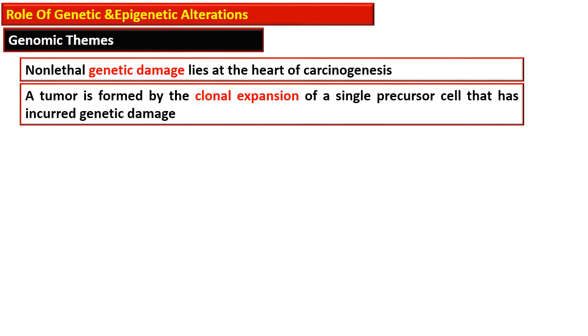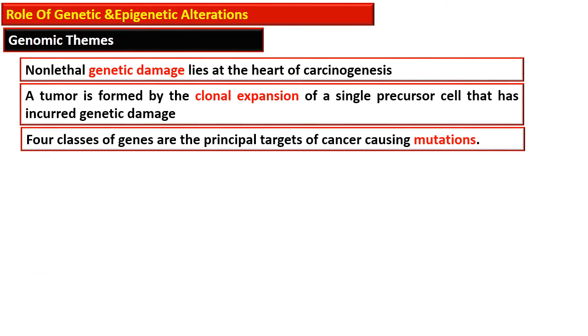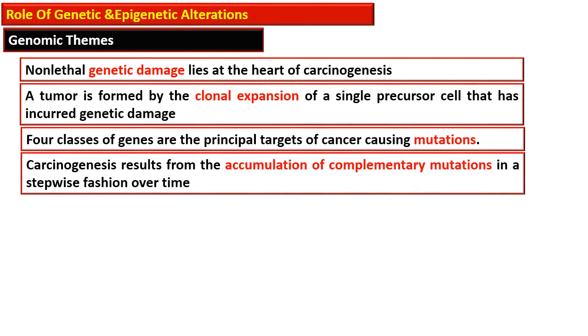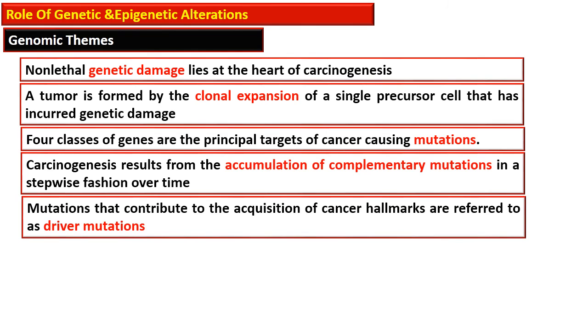A tumor is formed by the clonal expansion of a single precursor cell that has incurred genetic damage. Four classes of genes are the principal targets of cancer-causing mutations. Carcinogenesis results from the accumulation of complementary mutations in a stepwise fashion over time. Mutations that contribute to acquisition of the cancer hallmarks are referred to as driver mutations.